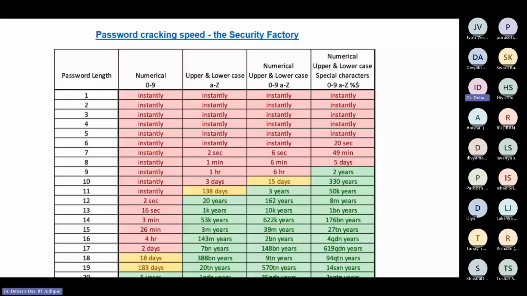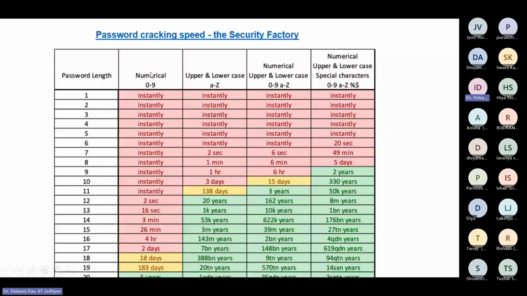If they mention that you have to have 9 or 10 or 11 characters, and if we focus on a simple numeric thing, then with whatever computation power we have, an attacker can break it within an instant if the length is 12 and only numbers.